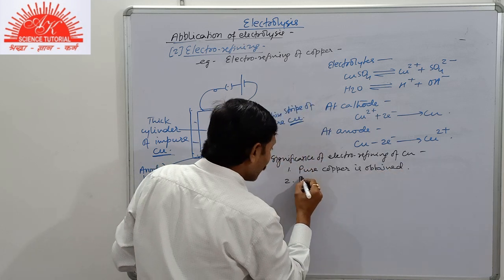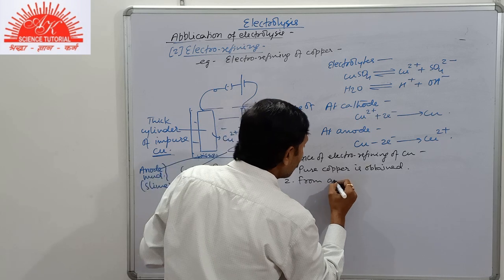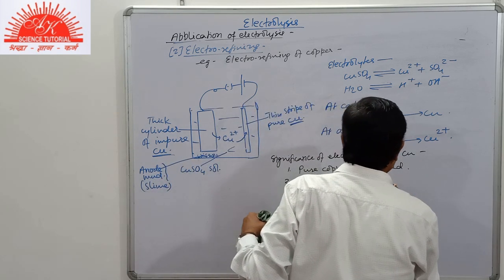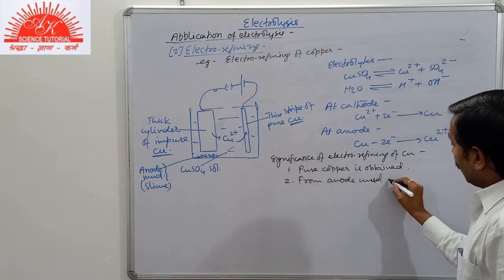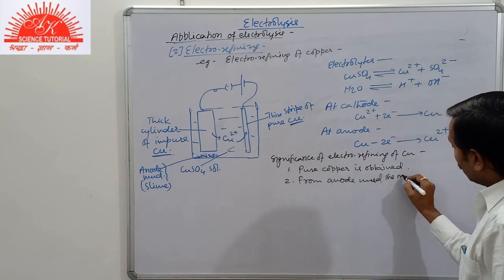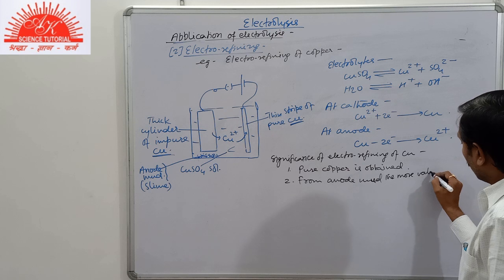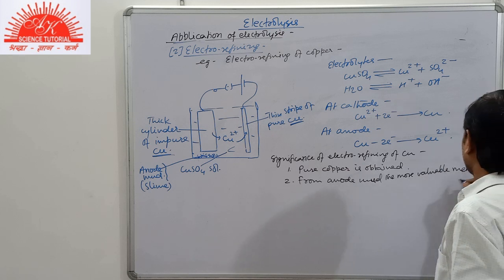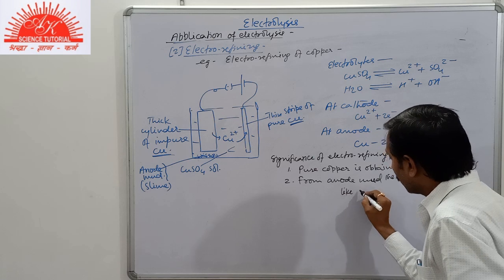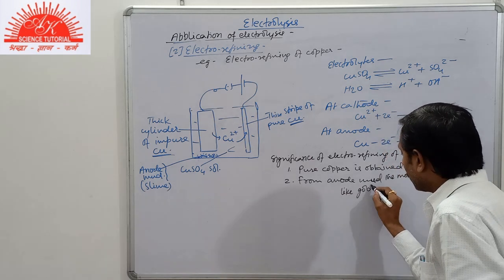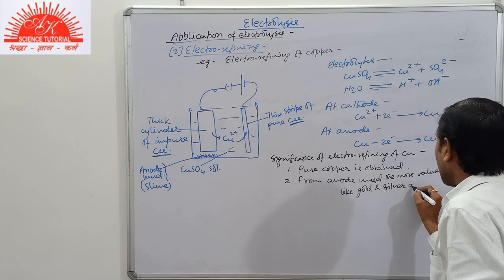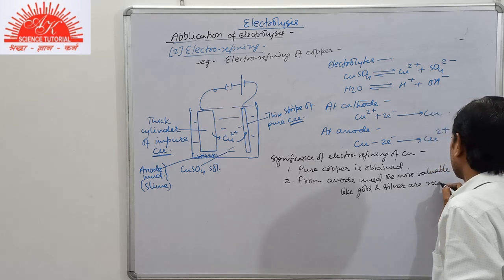and second, from anode mud the more valuable metals like gold and silver are recovered.